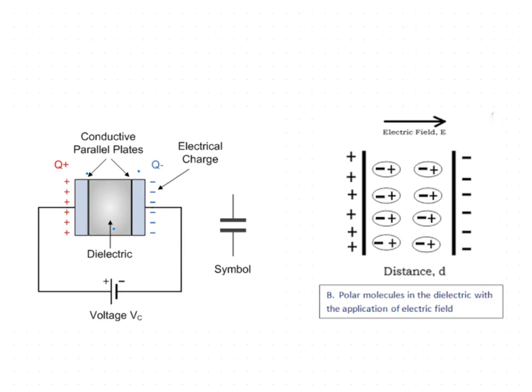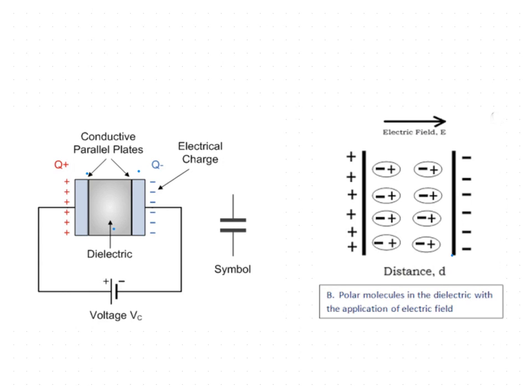Then one plate gets positive and the other negative charges develop. Once these charges develop on the plates, the electric lines of force existing between the two plates cause some distortion of the molecules.